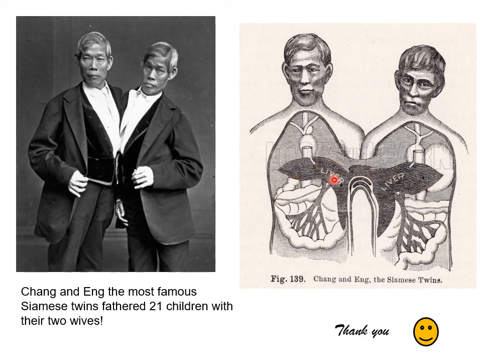They chose not to be separated. We don't know about the heart, so maybe the heart was separate. It's mostly at the abdomen. But they survived to adulthood. They had two wives and fathered 21 children. So not all congenital anomalies are fatal. Some are compatible with survival.